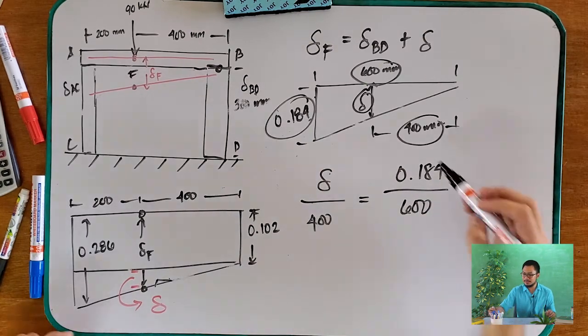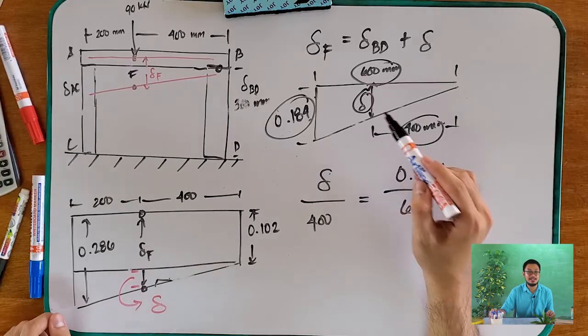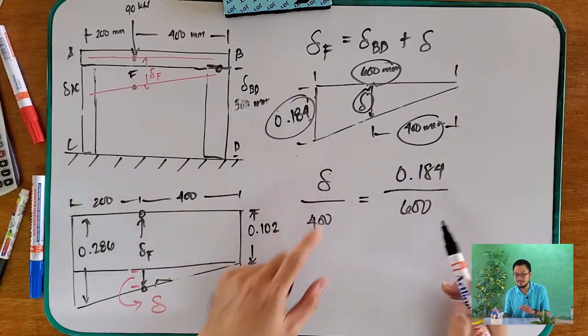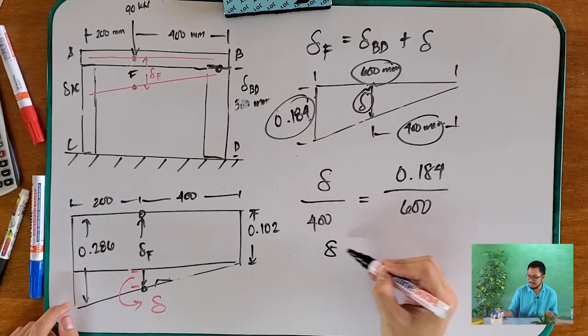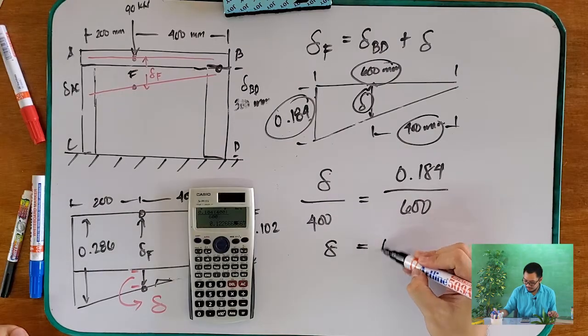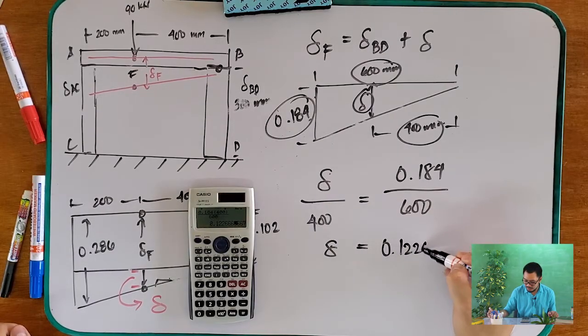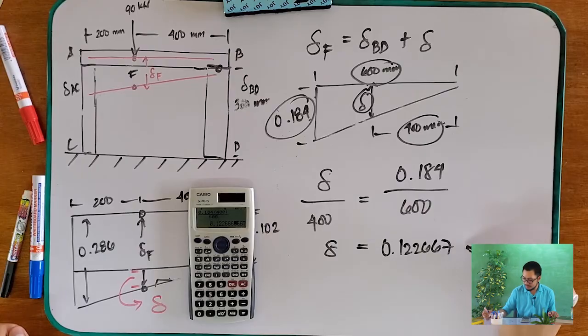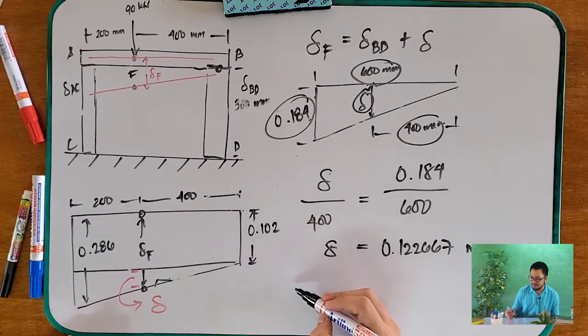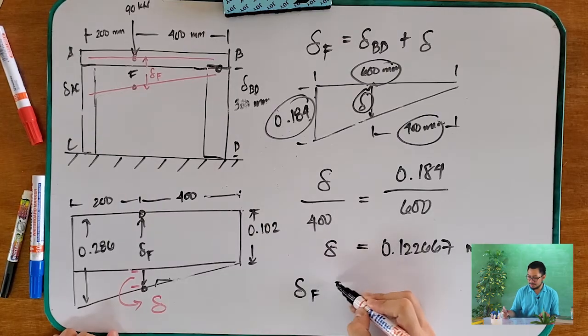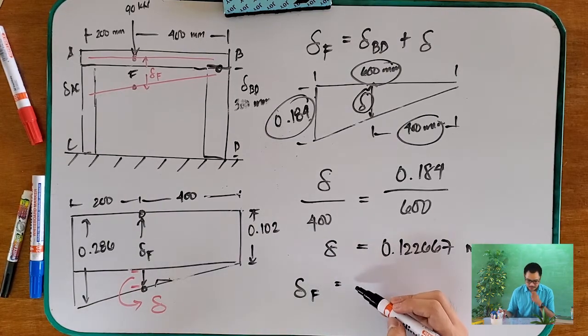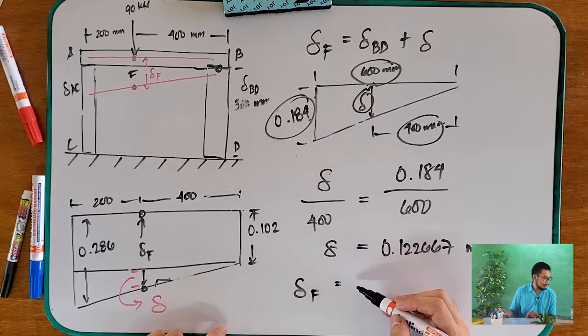Right? They are the same triangle, so their slopes are equal. So, rise over run, rise over run. So, therefore, your delta is equal to 0.12267 millimeters.